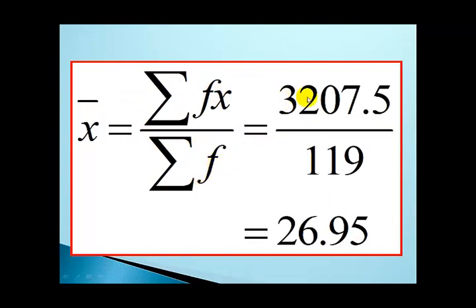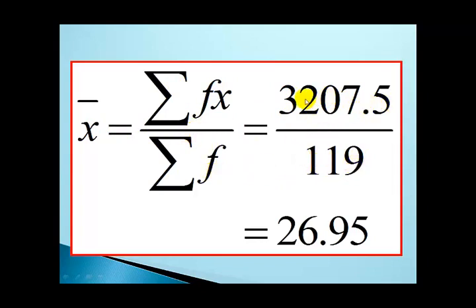Summation fx gives us 3,207.5, divided by summation f, which gives us 119. Take note, I repeat, x bar is equal to summation fx divided by summation f. Summation fx gives us 3,207.5 and summation f gives us 119.